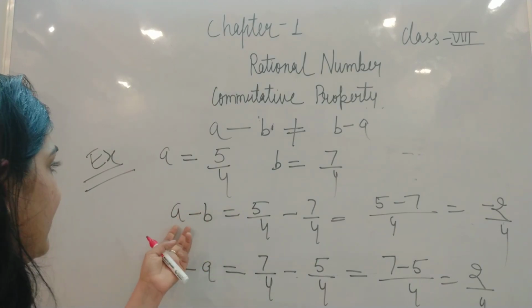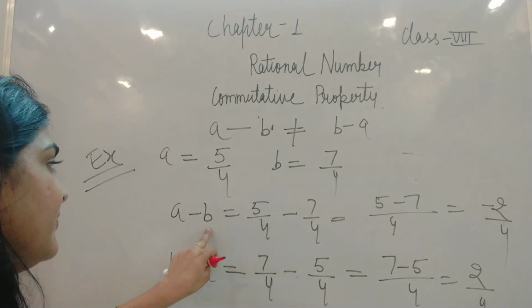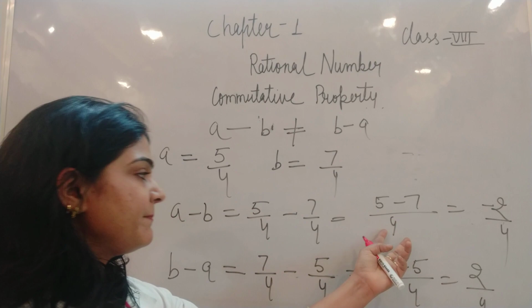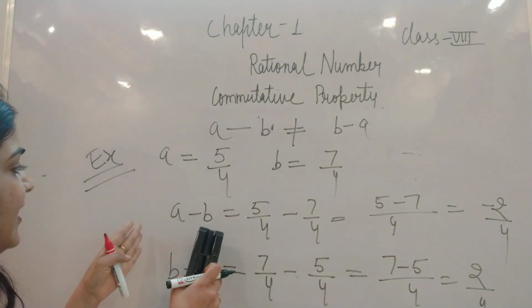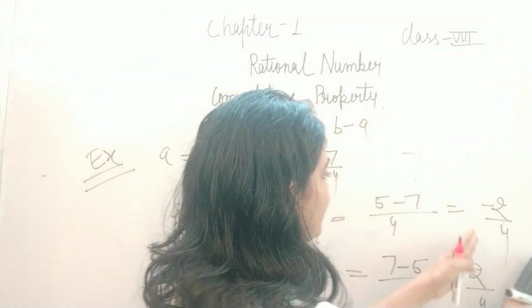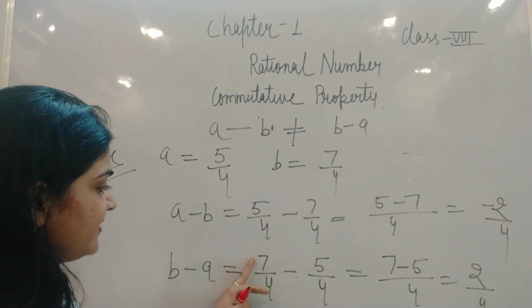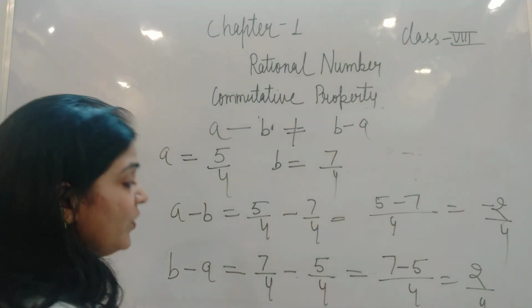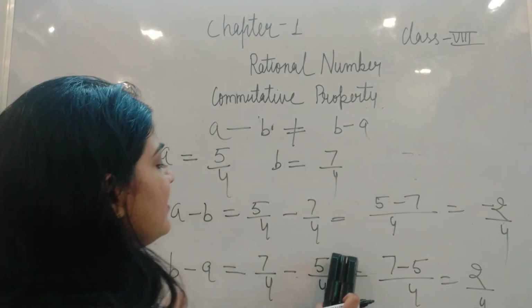At first we will do a minus b. We will put the value of a first. The value of a is 5 by 4, but the value of b is 7 by 4. We subtract. Then what we will get? Minus 2 by 4. Now we will do b minus a. What is the value of b? 7 by 4. What is the value of a? 5 by 4. We will subtract 5 by 4 from 7 by 4.